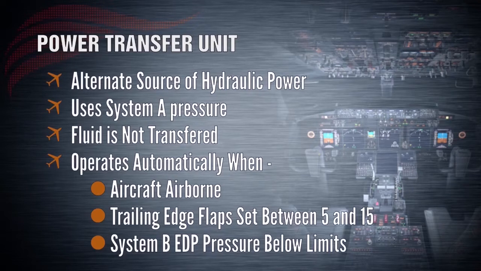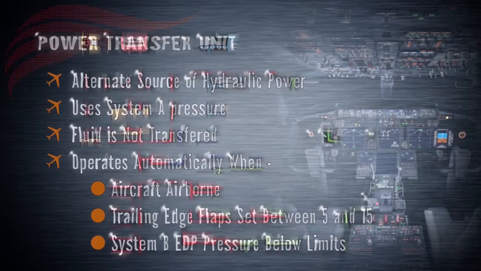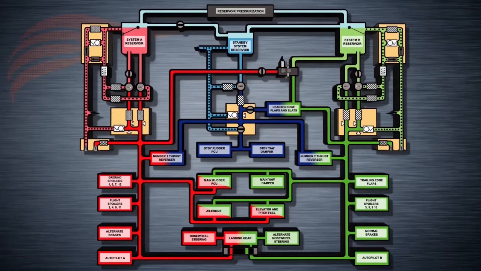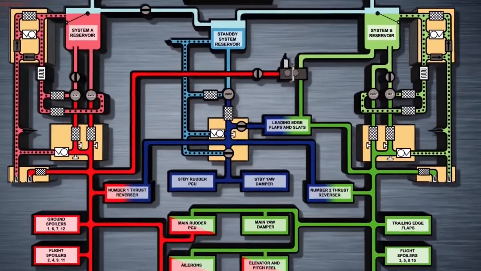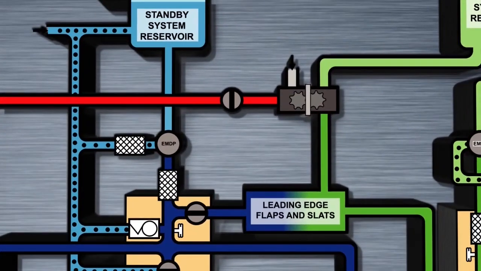It is triggered by engine-driven pump pressure because the engine-driven pump is about 6 times more powerful than the electric pump. This means that without the engine-driven pump, the B system is much less able to quickly extend the leading edge devices. When the 3 prerequisite conditions are satisfied, power goes to the PTU control valve, which opens to allow System A fluid into the PTU motor.